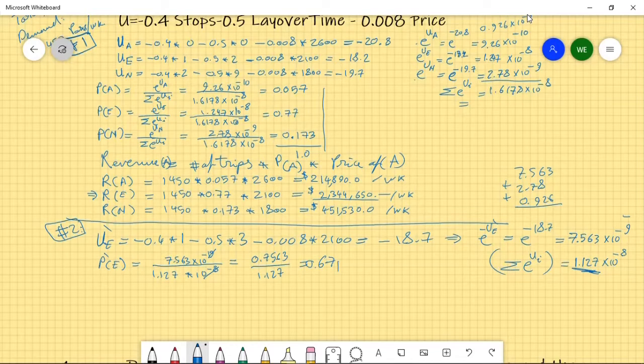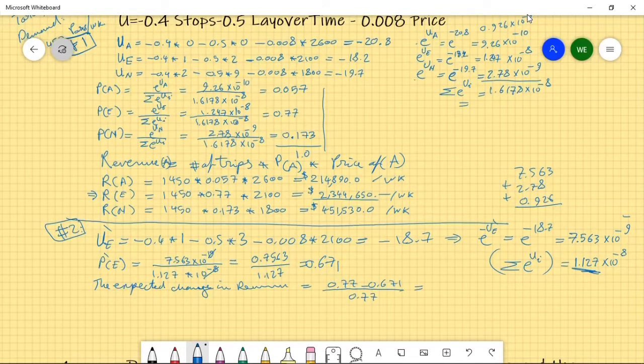Okay, now we see that there is almost a reduction of 10% of demand. So the expected change in revenue equals (0.77 minus 0.671) divided by 0.77.